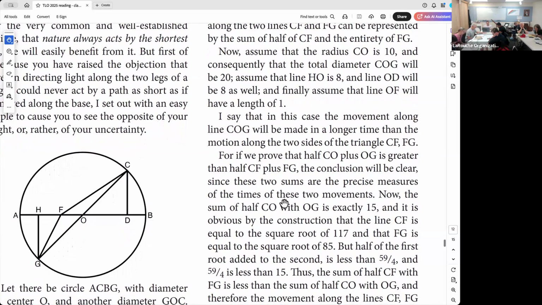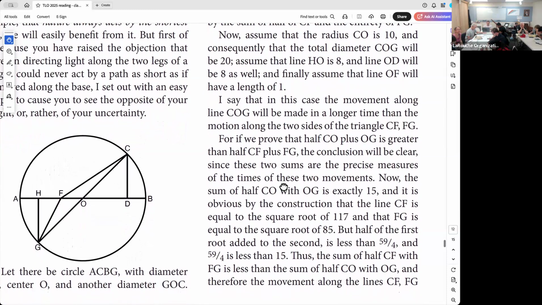For if we prove that half CO plus OG is greater than half CF plus FG, the conclusion will be clear. Since these two sums are the precise measures of the times of these two movements, now the sum of half CO with OG is exactly 15, and it is obvious by the construction that the line CF is equal to the square root of 117, and that FG is equal to the square root of 85.